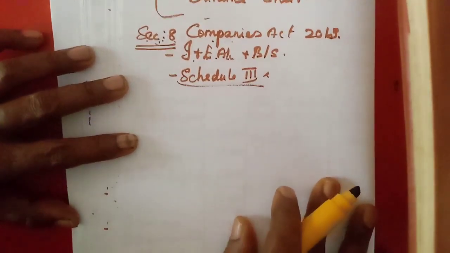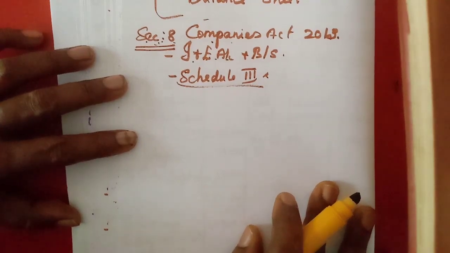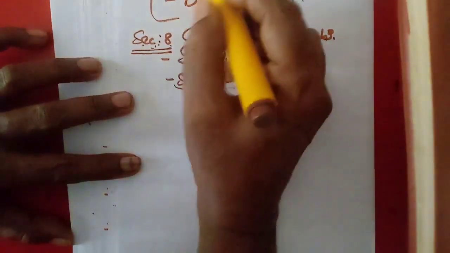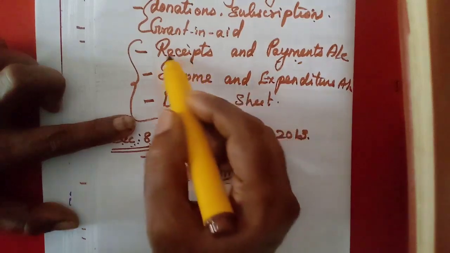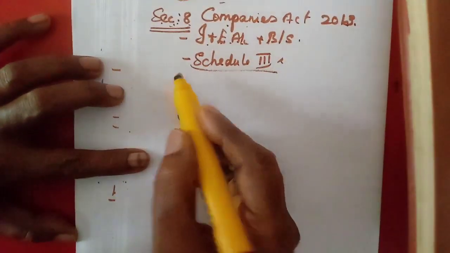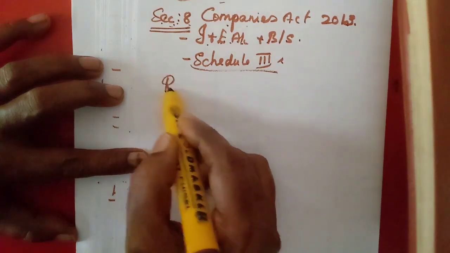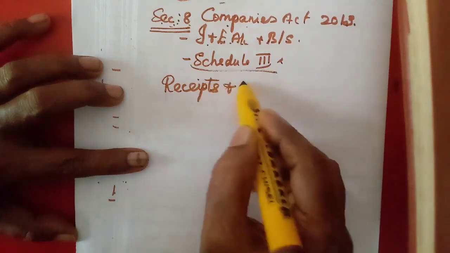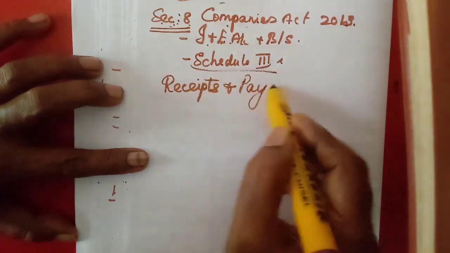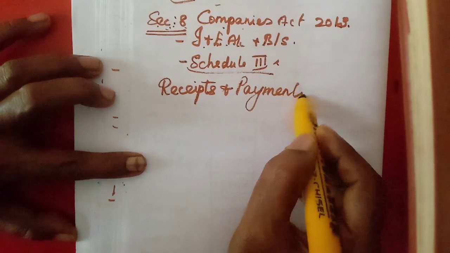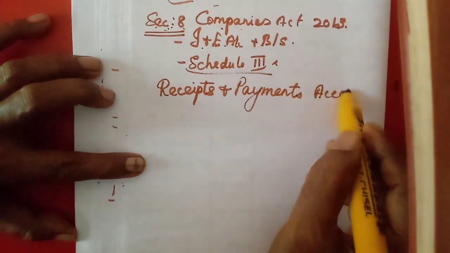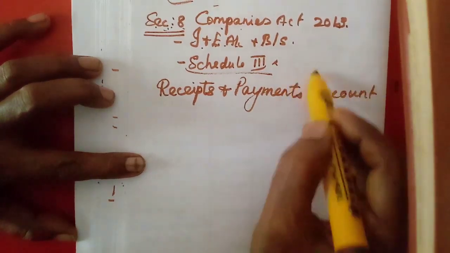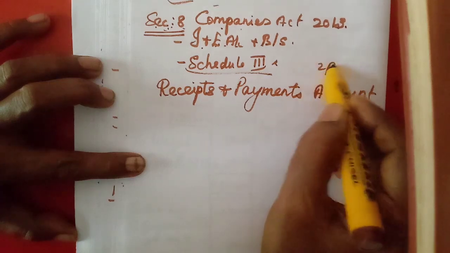Okay, so today we will see how to prepare the receipts and payments account. What is a receipts and payments account? Today we will see. For an account we have to use 2 pages.